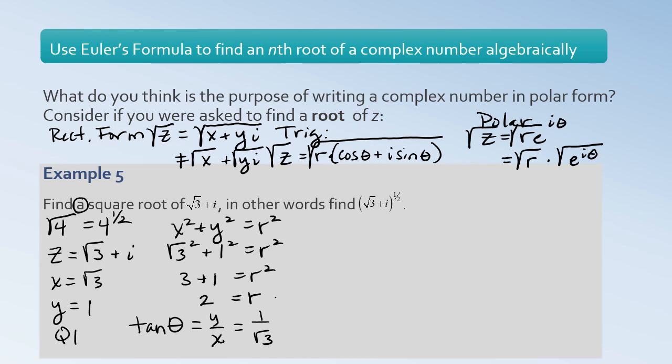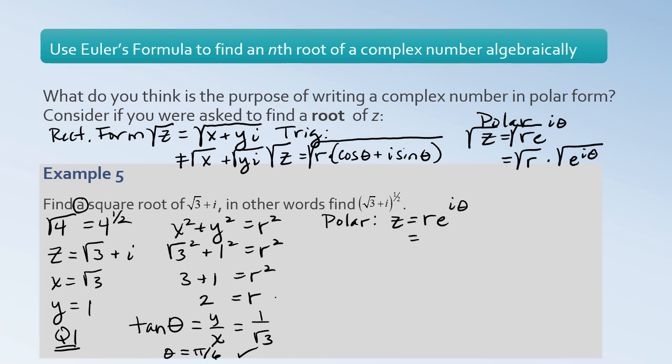And if I do tangent inverse of this, I get a theta that is equal to pi over 6. And that actually makes me happy because pi over 6 is in the first quadrant like I thought it should be. All right, so first step, find r and find theta. Second step, now let me write this in polar form. So polar form is going to take this and write it in the form z equals r times e to the i theta.